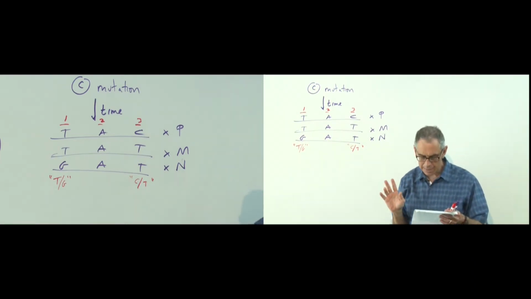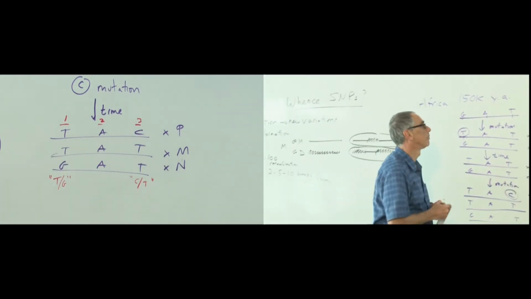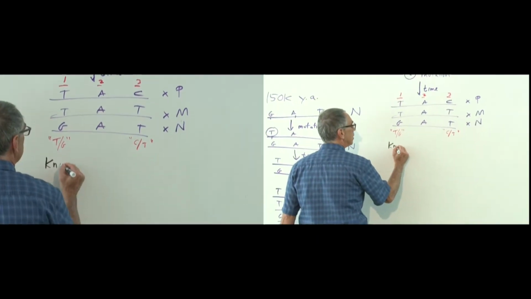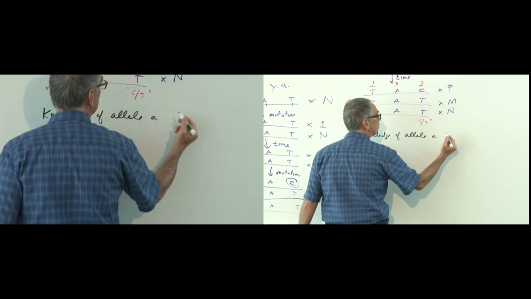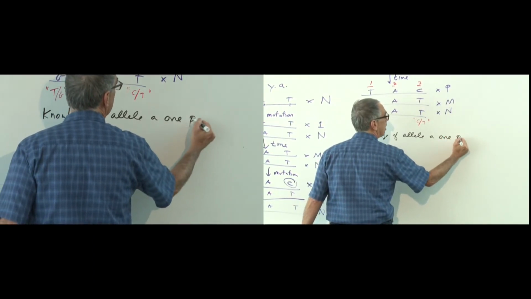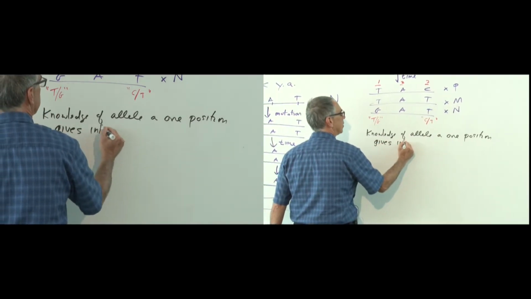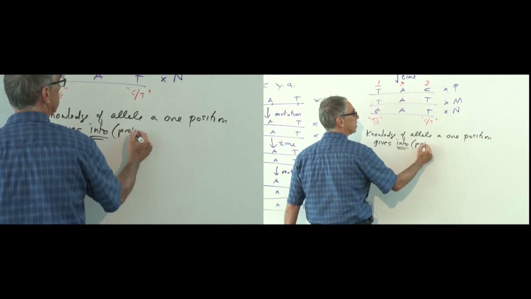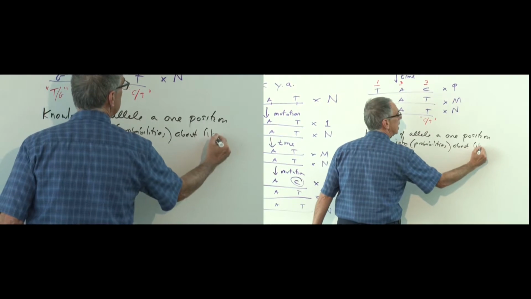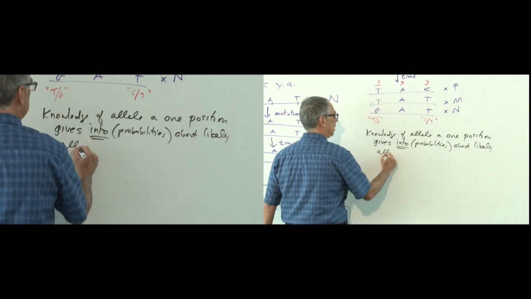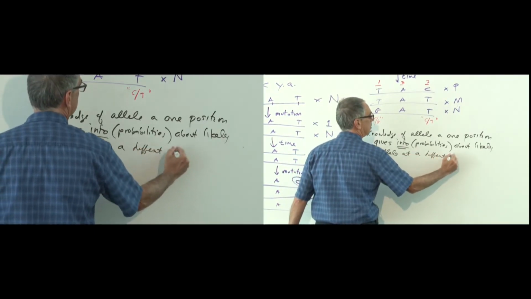But the key point here, and in fact it's so key I'm going to write it out, is that knowledge of the allele at one position, in this case position 3, gives information, really probabilities, about the likely or perhaps definite allele at a different position.